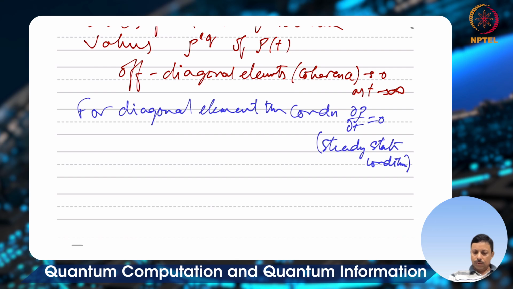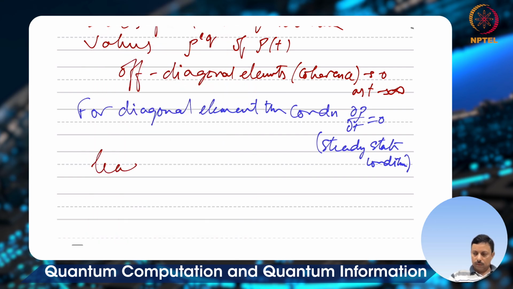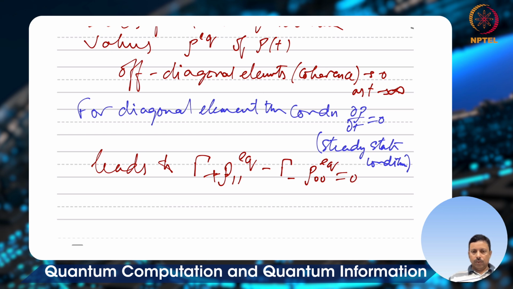So this leads to gamma plus rho 1 1 equilibrium minus gamma minus rho 0 0 equilibrium equal to 0. So this condition is the condition of detailed balance.